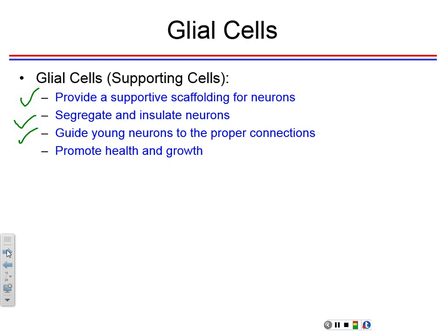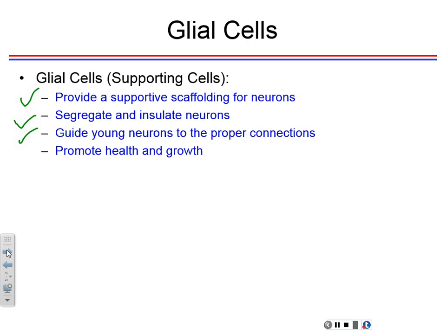And also, when the young neurons are growing in length, they're guided by these glial cells so that they have the proper connection and grow into the right spot. If it's going to control your big toe, it will grow right there. This usually happens when the body is forming in utero.